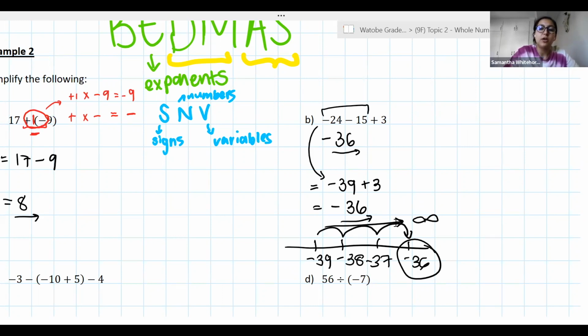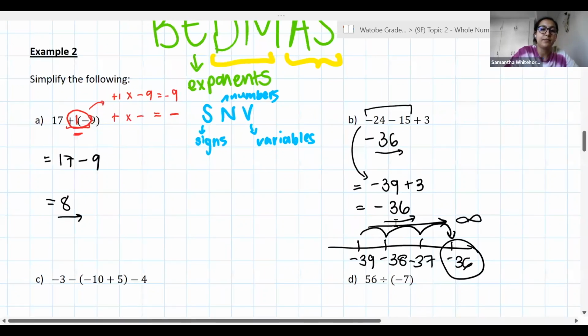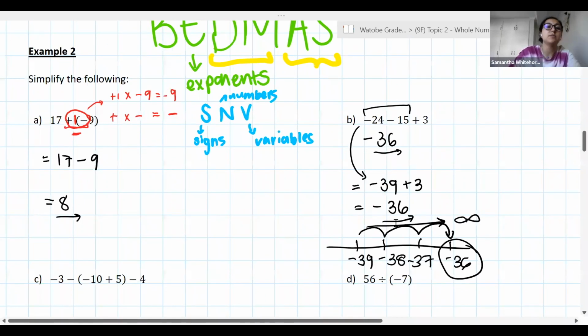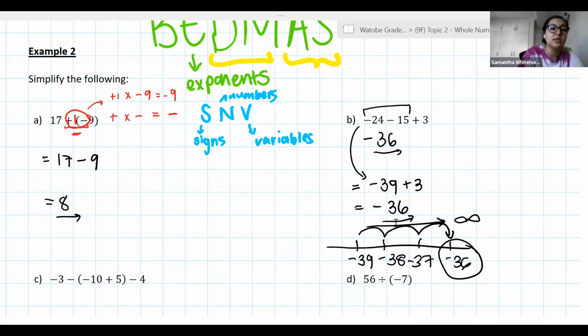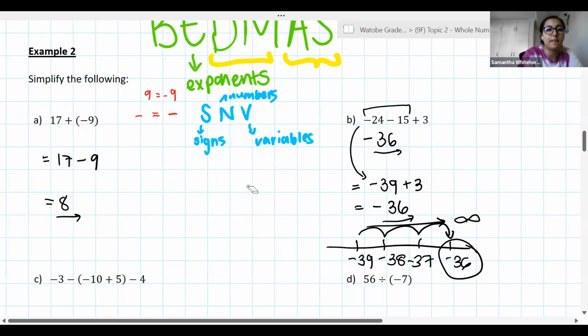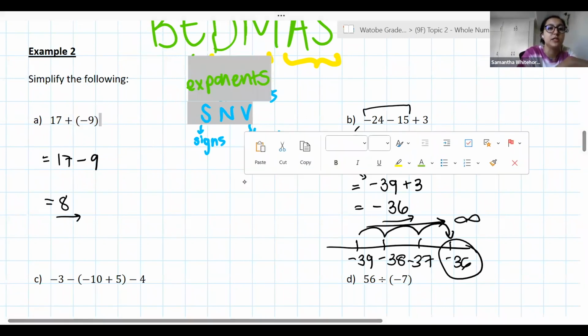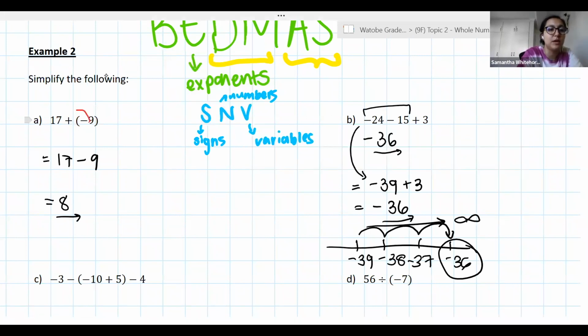Alrighty, so just to go back to question A, maybe it's too confusing to think of it like that. All you need to remember here is that when you've got a plus and minus right next to each other, there's a negative. The reason is because technically there is a 1 in front here that needs to multiply into the bracket.